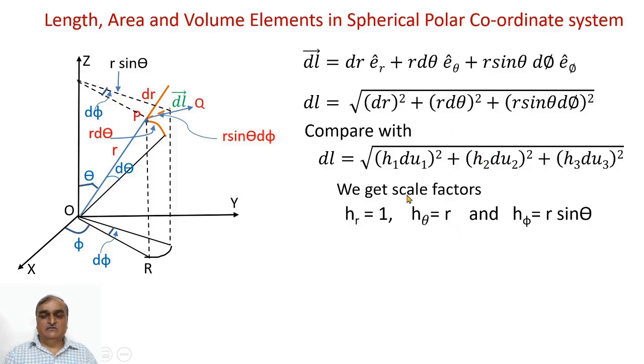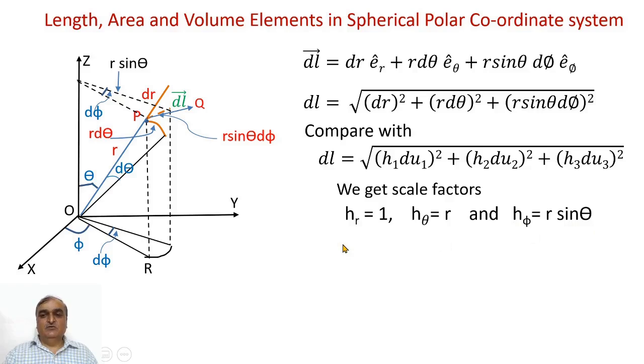In this way, the second scale factor h theta is equal to r. du3 is equal to d phi because u3 is equal to phi in the spherical polar coordinate system. Therefore, the coefficient h3 is equal to r sin theta, that is, h phi is equal to r sin theta.